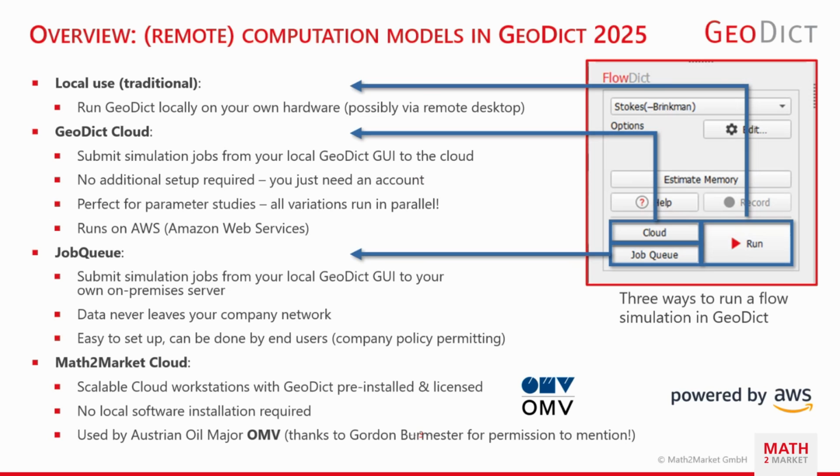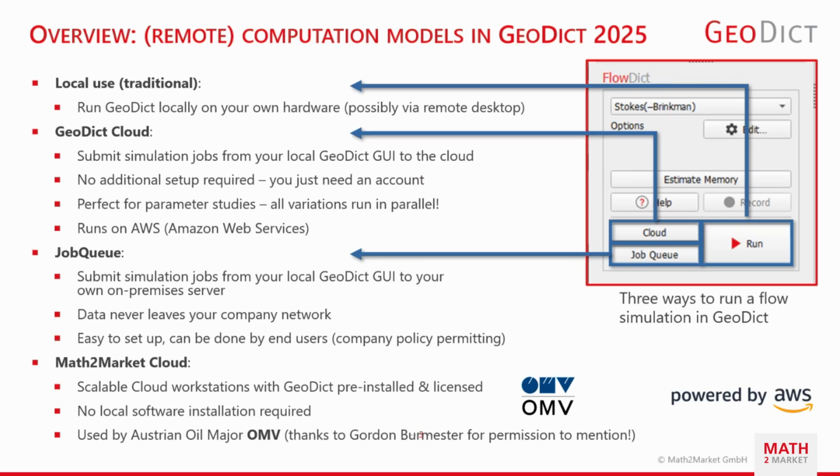So to contrast these solutions, the GeoDict Cloud allows you to submit the simulation job directly to the cloud. The current structure will be uploaded together with your simulation settings and potentially your material database, and this job will be automatically executed in the cloud. With regards to setup, there's no additional setup required beyond your already existing local GeoDict installation.